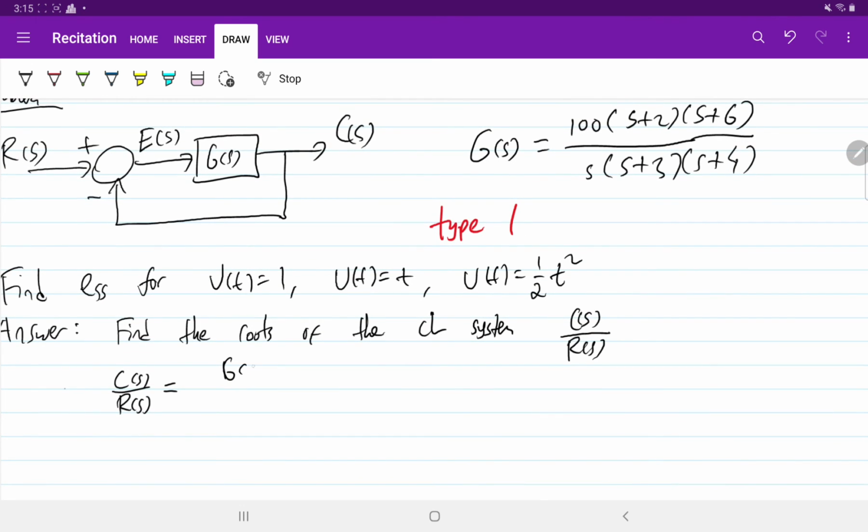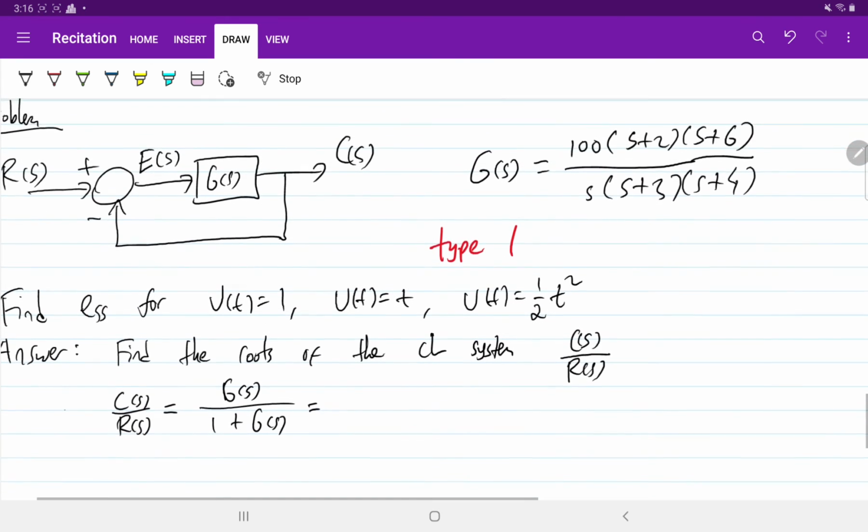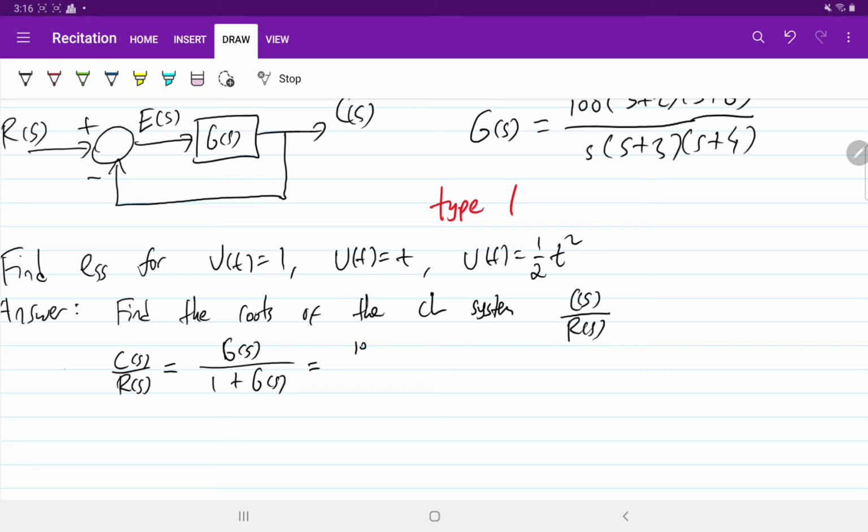It's G of s over 1 plus G of s, which is 100(s plus 2)(s plus 6) over (s plus 3)(s plus 4) plus 100(s plus 2)(s plus 6), right?